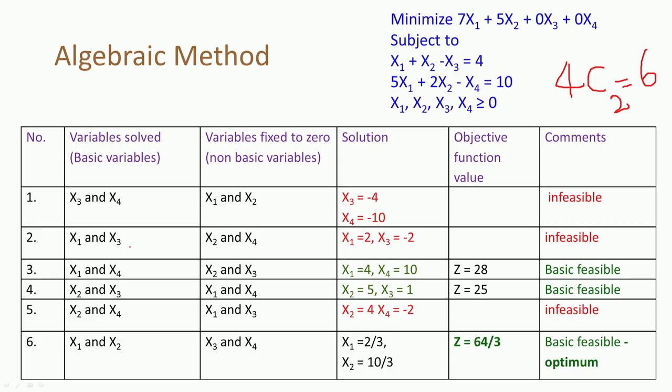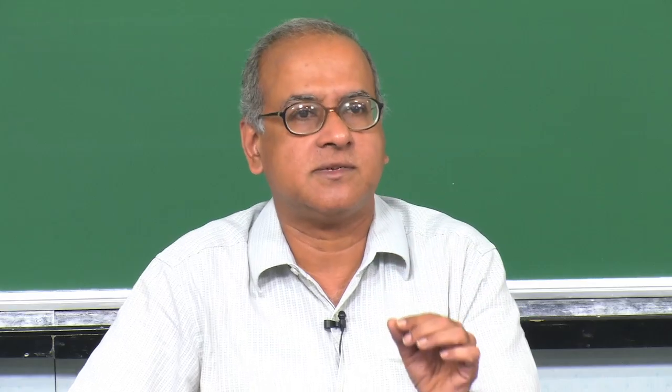Now, when we choose the 2 variables in any one out of the 6 ways, we have the other 2 variables which we are not solving for, and these variables have to be fixed to some arbitrary value. Now, they can be fixed to any arbitrary value, which means they can take infinite values, but as we did before in the previous example, we fix those variables to 0.